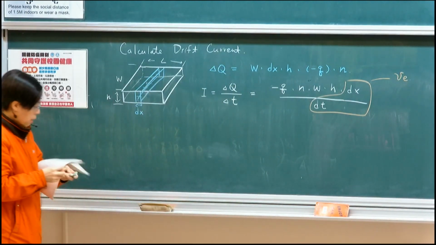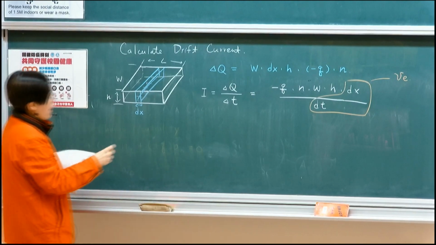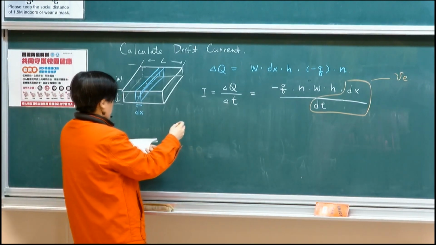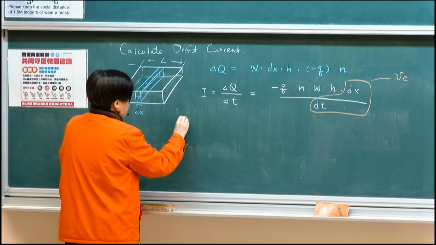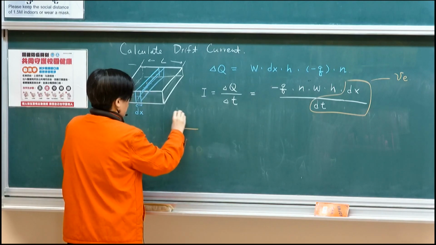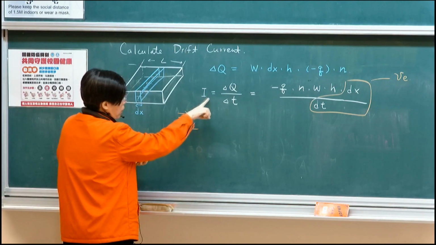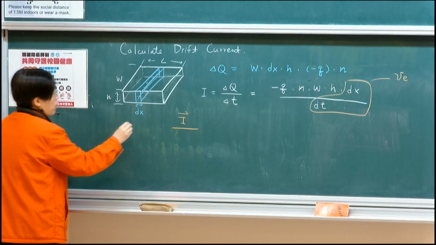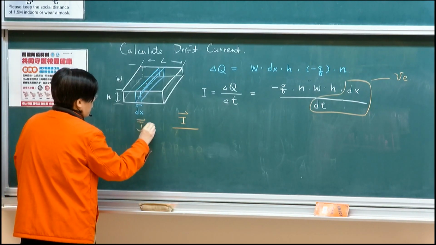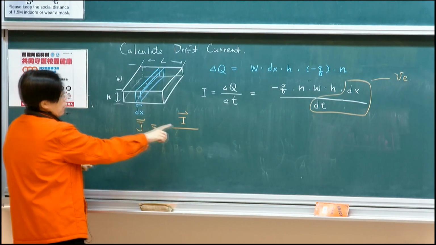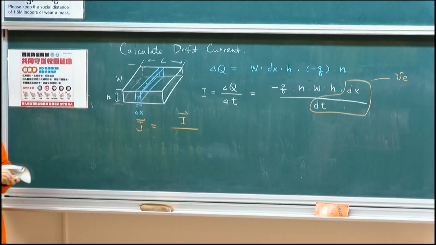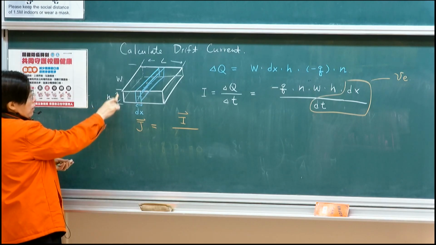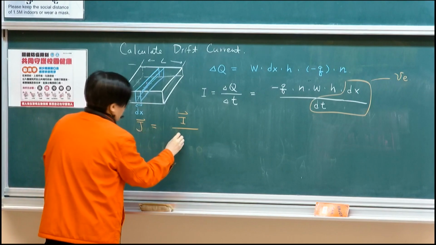And because the velocity is moving, if I'm going back to giving it the direction, my current will then be current. If I want to find current density J, it will be current divided by cross-sectional area. What is the cross-sectional area? It's WH, correct.